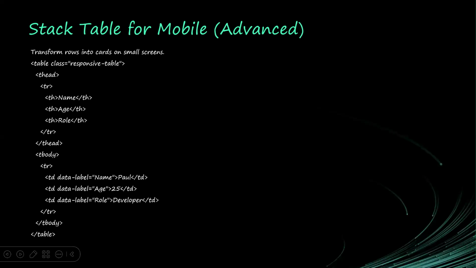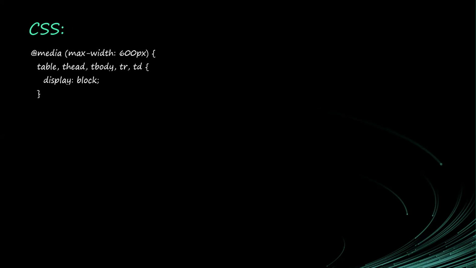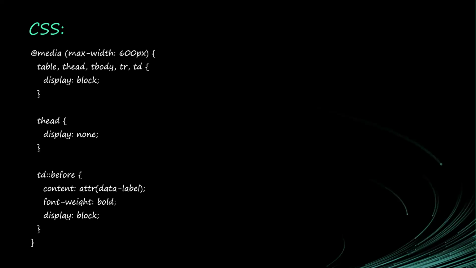Now you can style your table with media queries. I don't know how to explain this because we have not talked about media queries or CSS yet. For those who understand, good. If you don't understand, no problem.